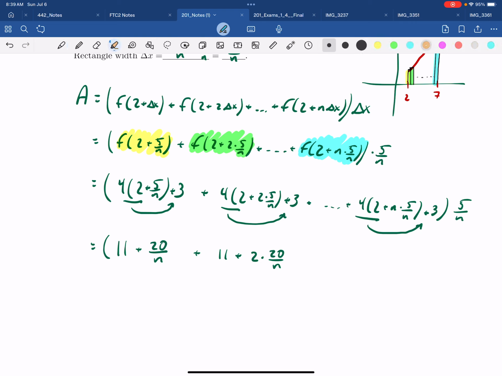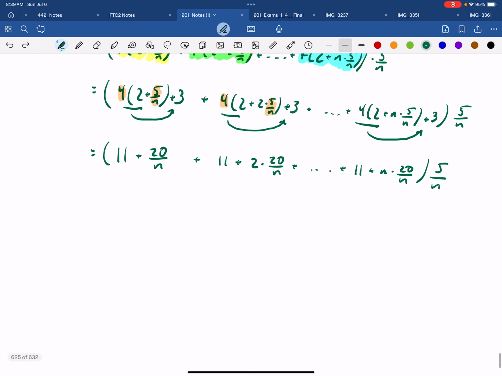That's this times this, this times this. But you see how I had that 2 here? We keep doing this, and then this winds up being 11 plus n times 20 over n, all times 5 over n. Yes, I know we could just simplify that to 20 right here, but we're going to keep it because we want to establish a pattern, right?